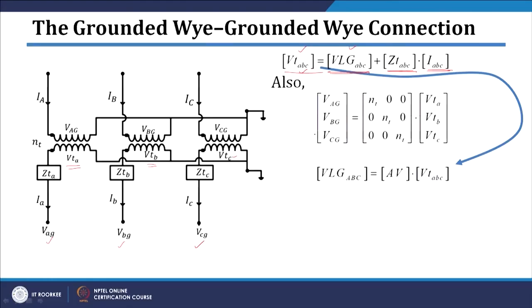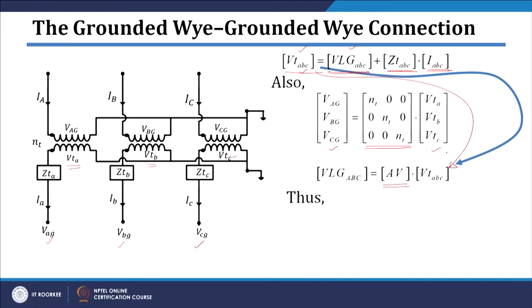Similarly, I explained you the terminal voltages on primary side and terminal voltage on secondary side, they will be just related by NT, means terminal voltages, I am talking about winding voltages, they will be just related by turns ratio, and turns ratio matrix we defined as AV matrix. And then what we can do, this VTABC I can just put into this expression.